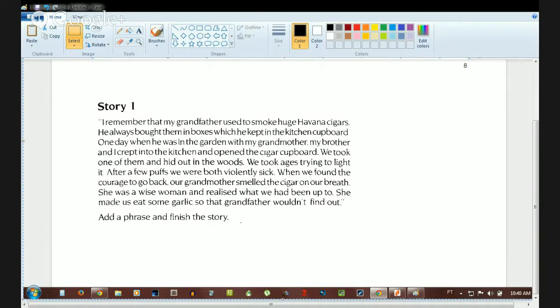When we found the courage to go back, our grandmother smelled the smoke on our breath. She was a wise woman and realized what we had been up to. She made us eat some garlic so that grandfather wouldn't find out.